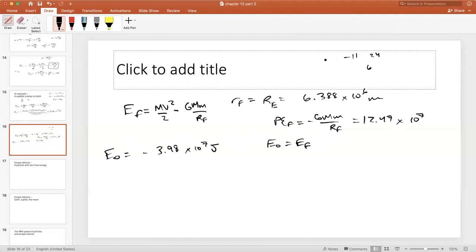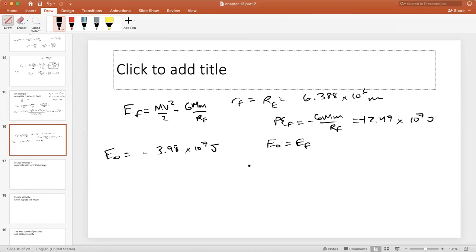Oh no, it's right. I'm sorry, I was just losing my mind for a second. So the final potential energy when it hits the Earth is going to be negative 12.47 times 10 to the 7th joules.